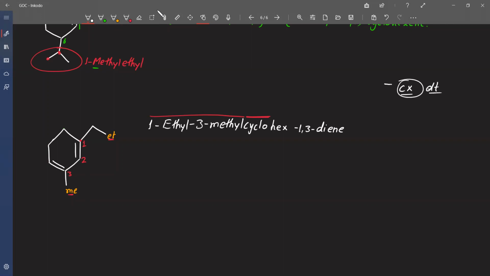So what we actually do is we add an extra vowel here, that is a. So this is 1 ethyl, 3 methyl, cyclohexa 1,3-diene. So this is your root word and this is your suffix.